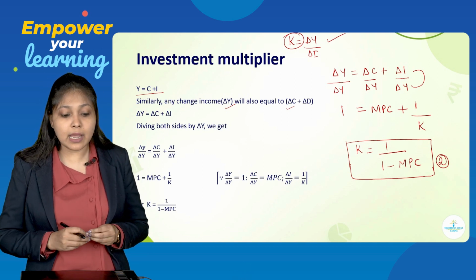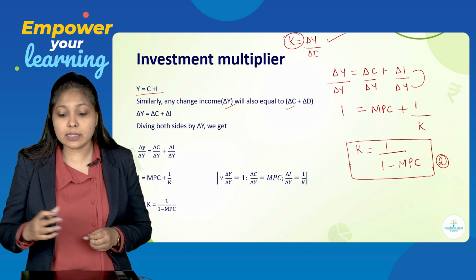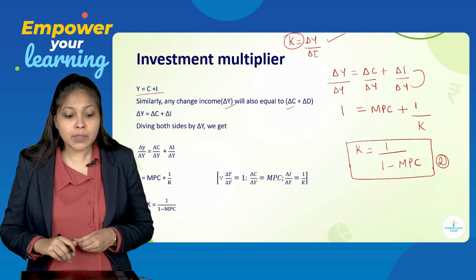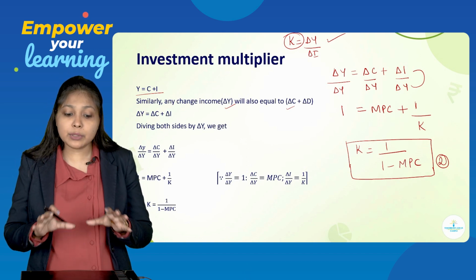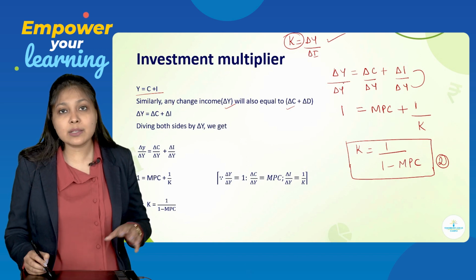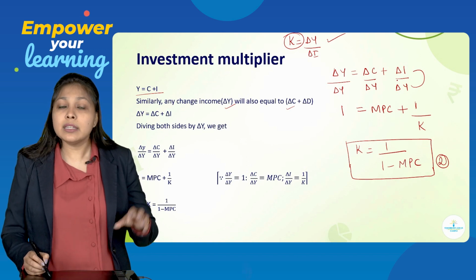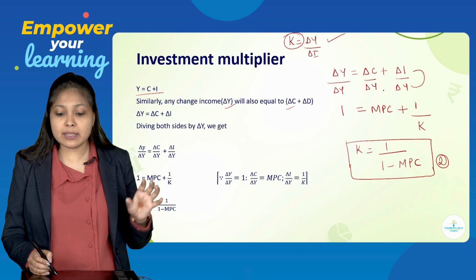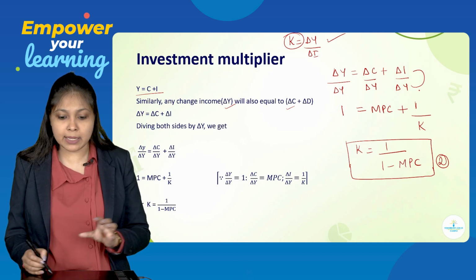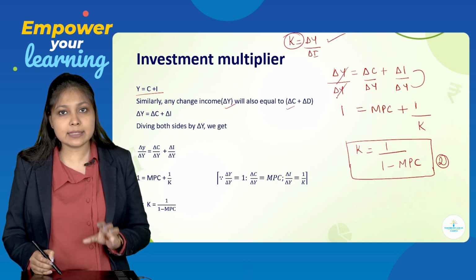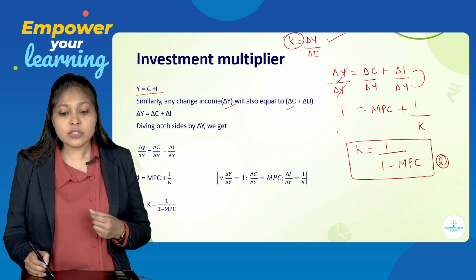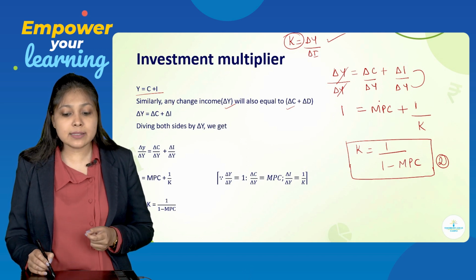Now here you will understand further the relationship of K and MPC, but as of now, understand how we derived it. Change in Y is equal to change in C plus change in I. Now divide all the sides by change in Y. Change in Y gets cancelled and we get the value as 1. Change in C upon change in Y is nothing but MPC.